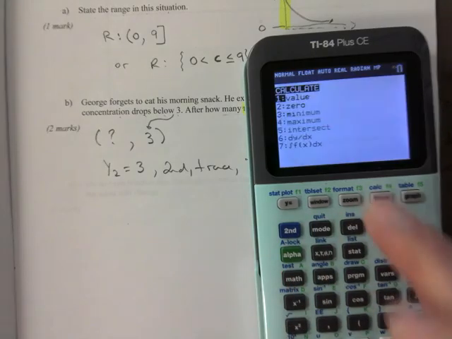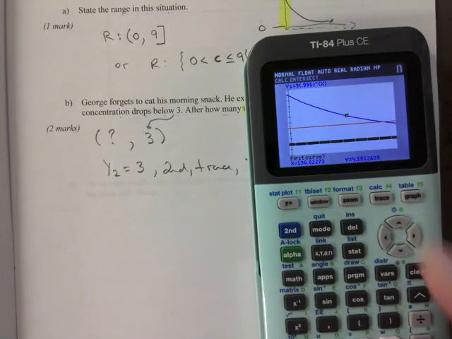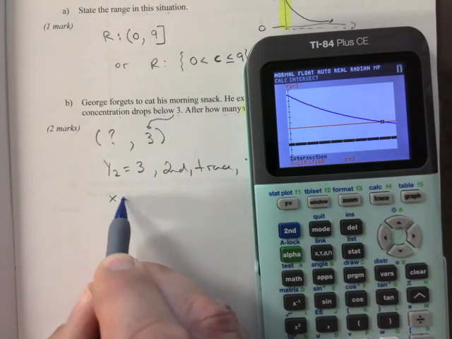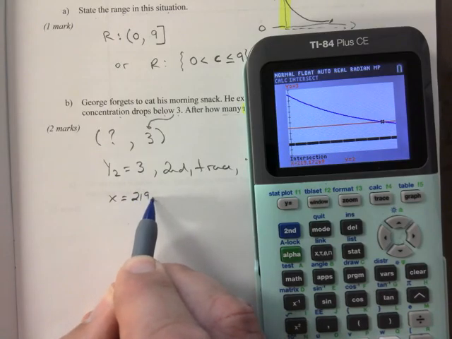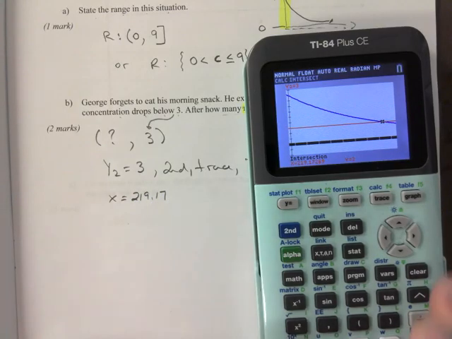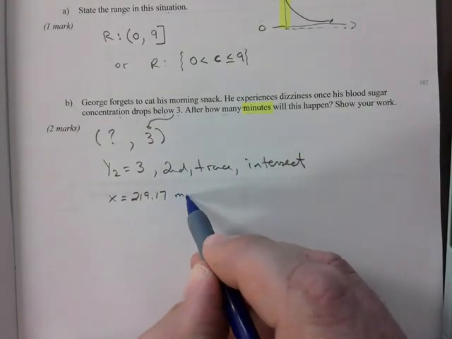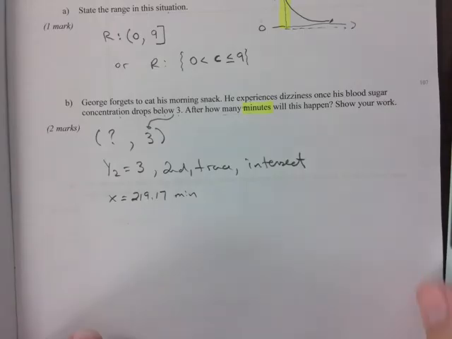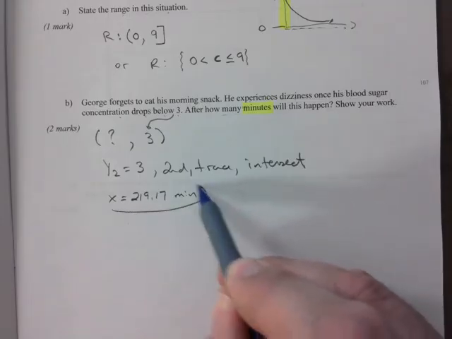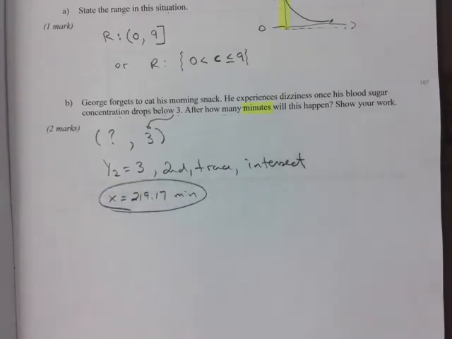So find that intersection. And here you have it. X is equal to 219.17. And what are we in? We are in minutes, right? Because we were told at the very beginning that time was in minutes, so we can just leave it like that. No need to convert.